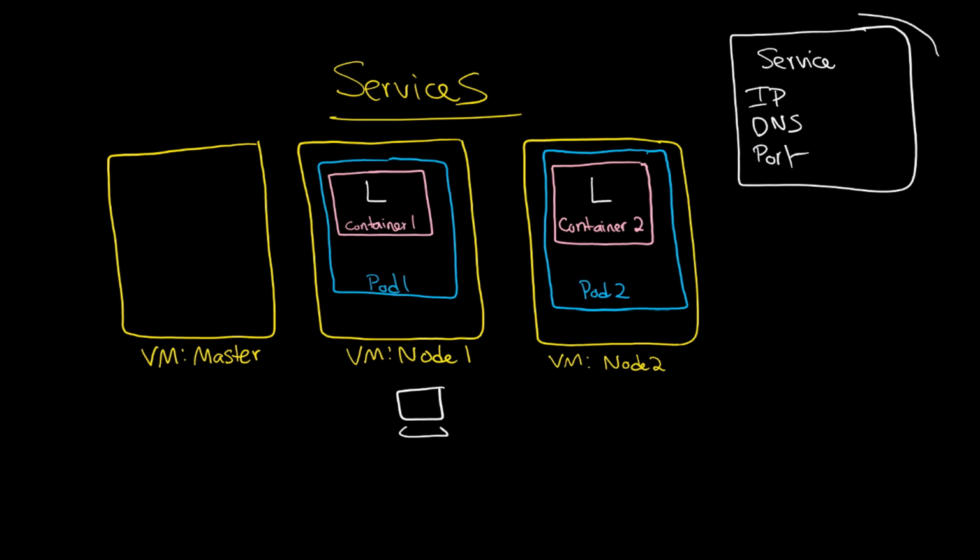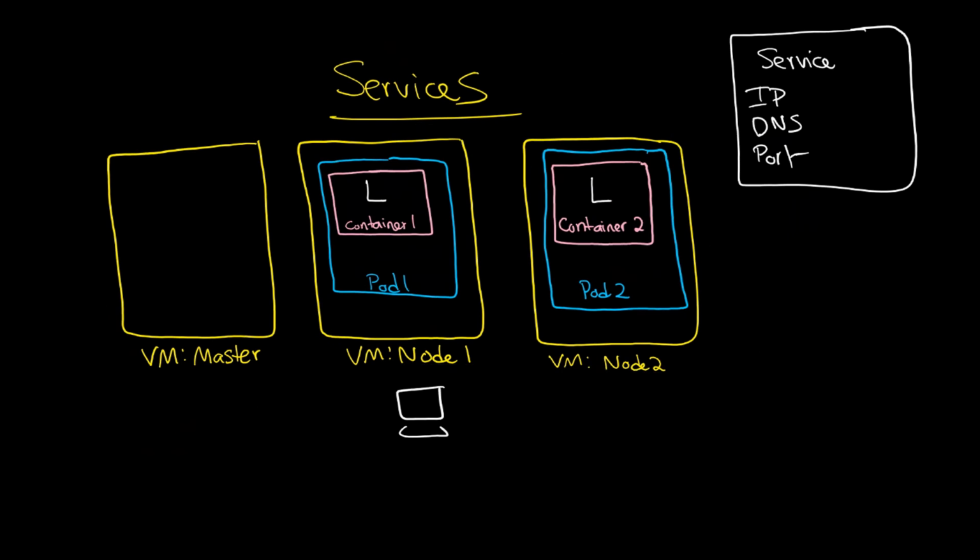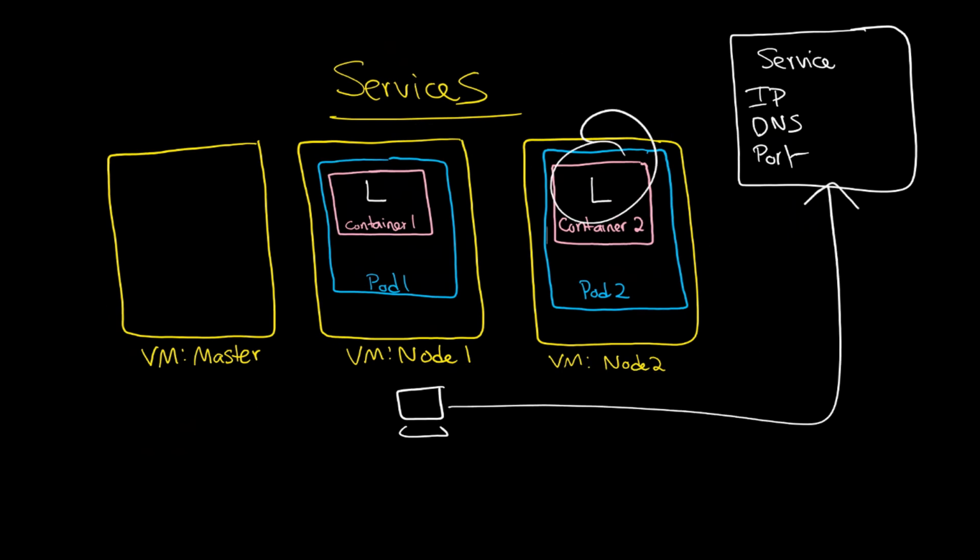But these are long running. They do not disappear if a pod disappears. And the advantage of this is that the client who knows nothing about this cluster whatsoever can nevertheless access the Liberty web container by using the port, by using the stable DNS entry.